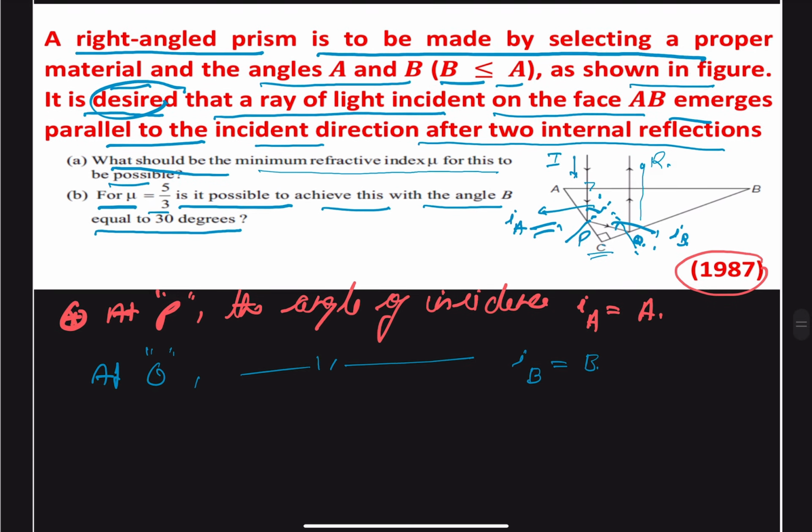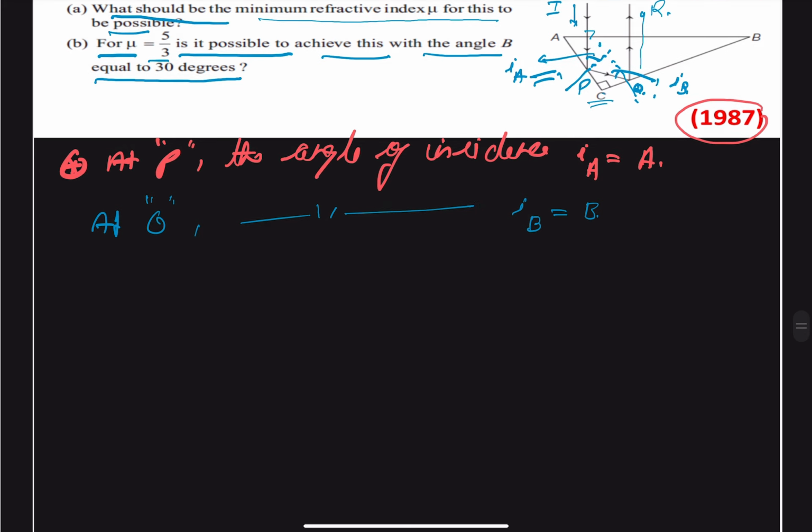and it is given that B is less than or equal to A. So we are given that B is less than or equal to A, and based on this we can say that IB is less than or equal to IA.